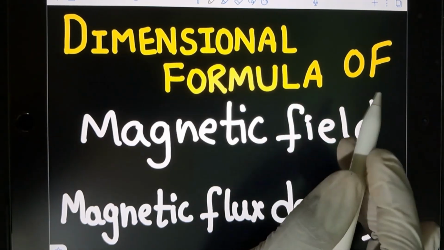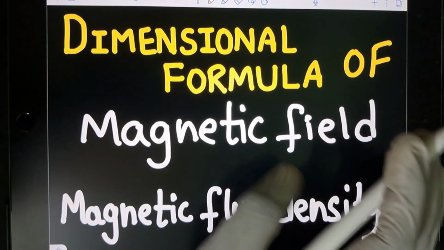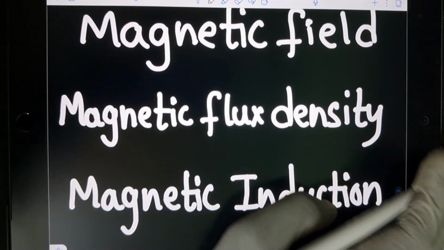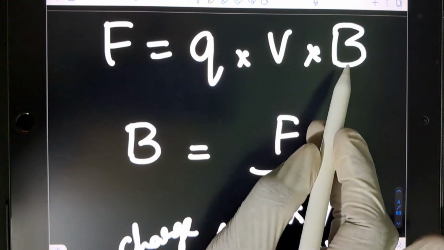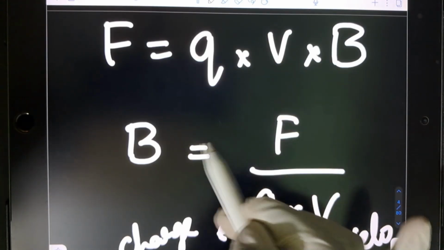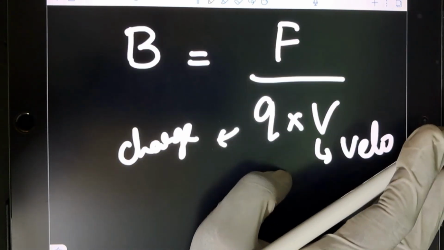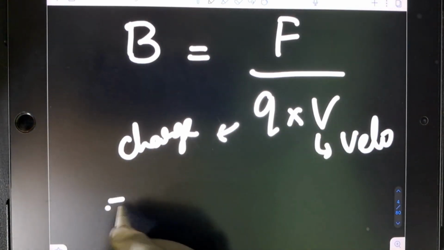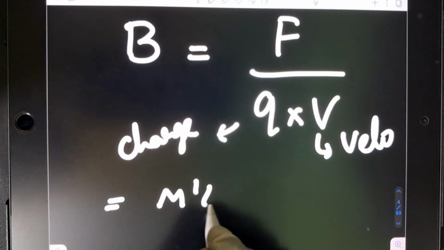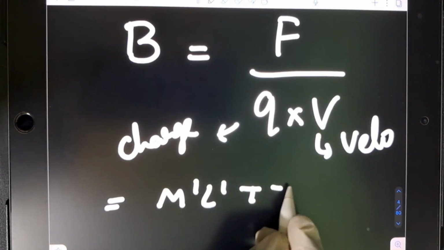To find the dimensional formula of magnetic field B. Magnetic flux density and magnetic induction also have the same dimensional formula. Here F is equal to QVB, where B, the magnetic field, is equal to force by Q into V, charge into velocity. Here we must know the force dimensional formula first, M power 1, L power 1, T power minus 2.